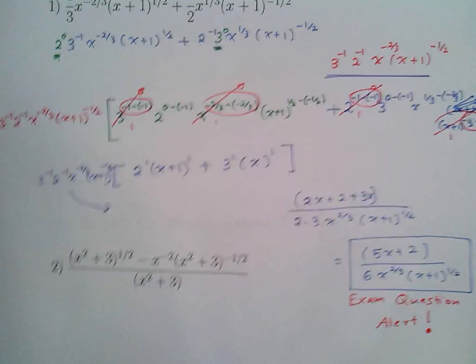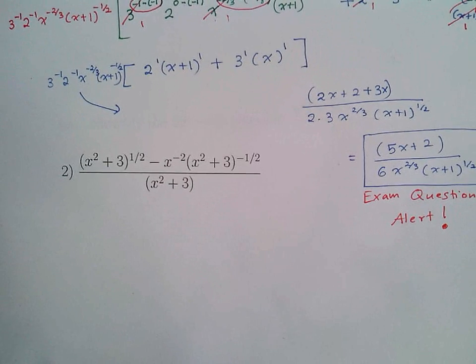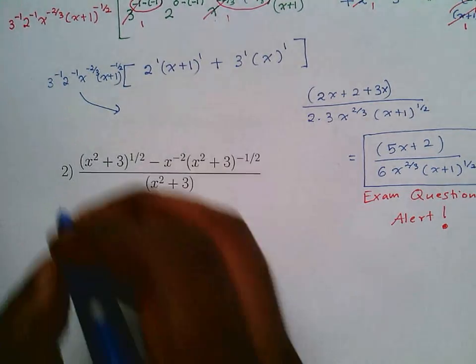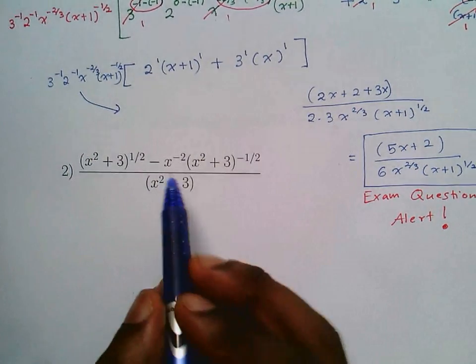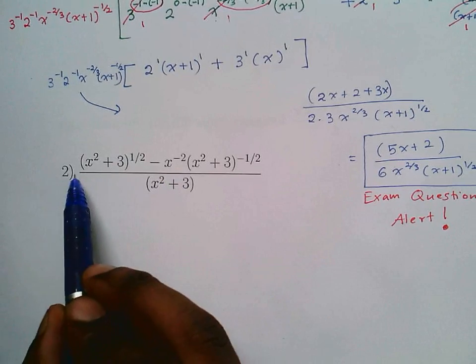Okay, now let's do the last example in that section. There's one more on the next page, but a different example. So let's do this one right here. Again, remember we are taking out the least exponent and also adding the placeholders. So you can see there are no x terms in the first term.